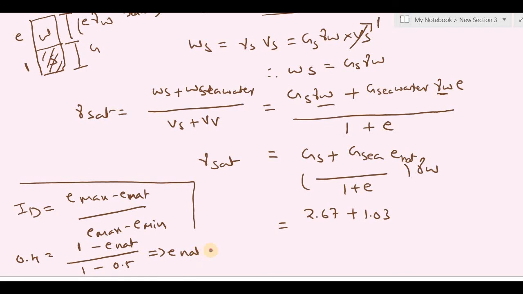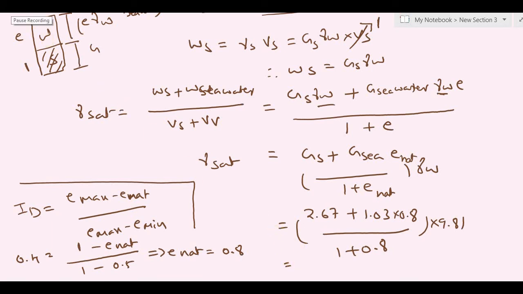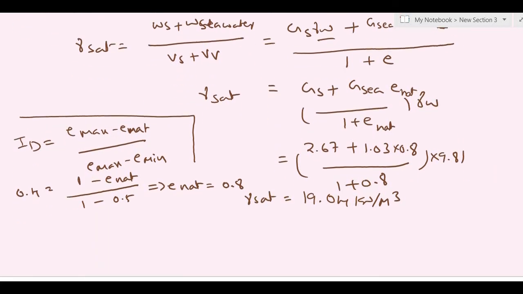From this you will get the void ratio at natural condition as 0.8. So this 0.8 by (1 plus 0.8), also at natural condition, into 9.81. If you calculate this, you will get 19.04 kilonewton per meter cube. So this is important in this question.